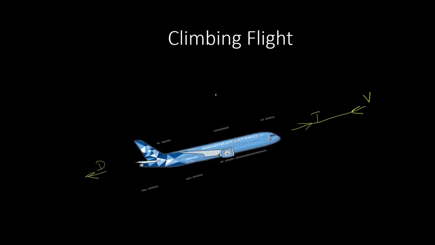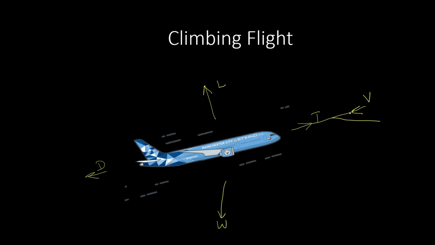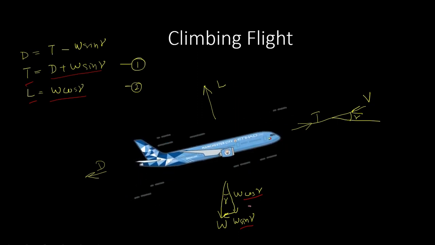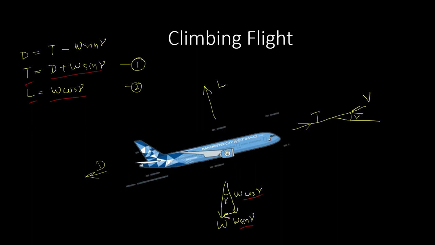Lift will be perpendicular to the flight path, so lift is in this direction, but weight will be acting in the downward direction. Let's say that the flight path makes an angle gamma with the horizontal, so we may break the weight into two components, one along the flight path and one perpendicular to the flight path. If we do so, perpendicular to the flight path we get W cos gamma, and along the flight path we get W sin gamma.